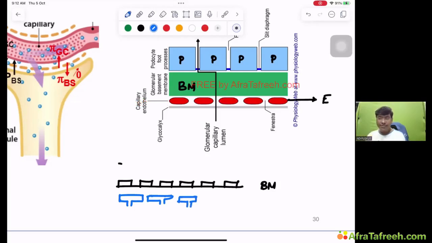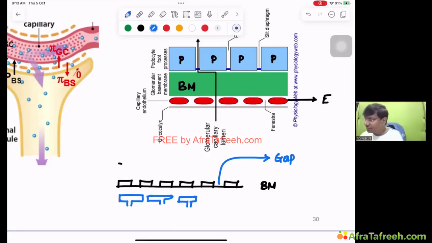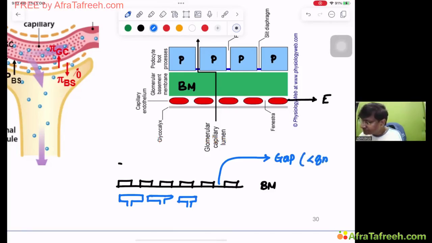Okay, I told you that there are two barriers. One is the distance between the two endothelial cells, that is the gap. How much is the normal gap? The normal gap is less than 8 nanometers. But you know the size of the proteins? So this is another line of your glomerulus.